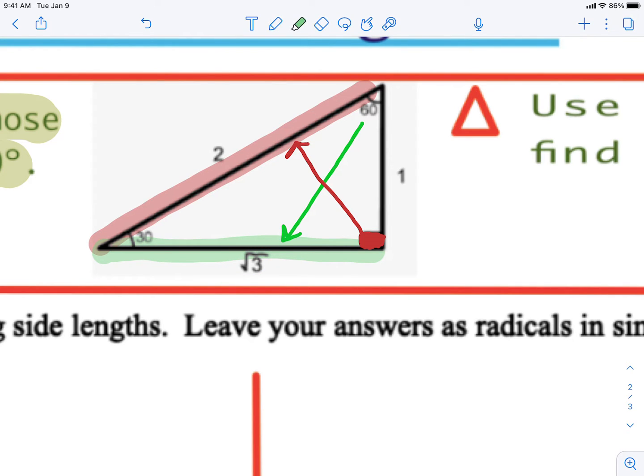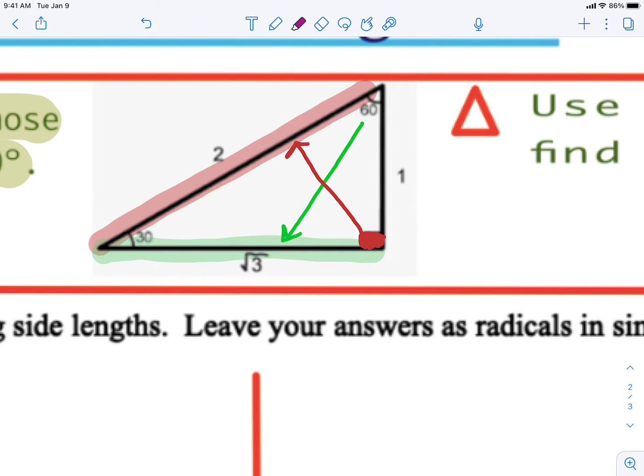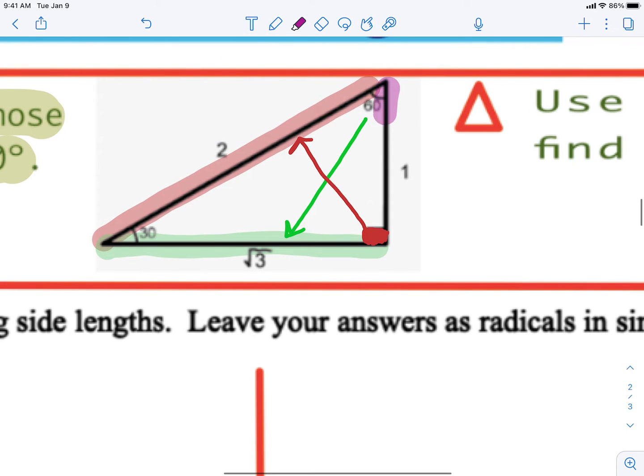That leaves us, kiddos, with our 30. Everybody see this 30 here? Across from 30, we have the short leg. This is the short leg.